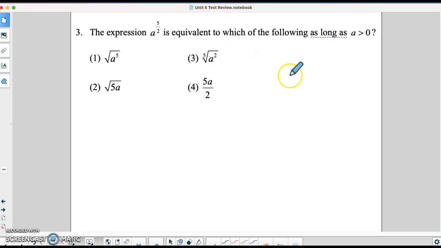That's one. All right, we need to rewrite the expression a to the power of the fraction 5/2. This is something you need to remember.